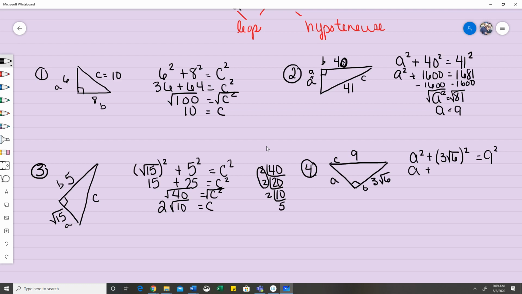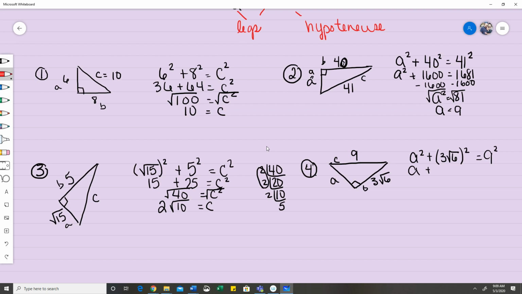Now, when we multiply or square a square root, the answer is whatever the radical is. However, if we have a coefficient out front, we have to square that coefficient separately and then multiply the two things together.